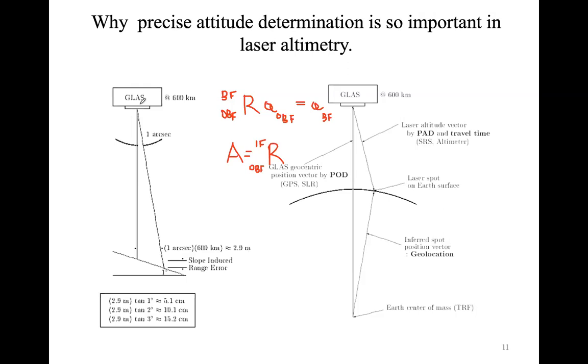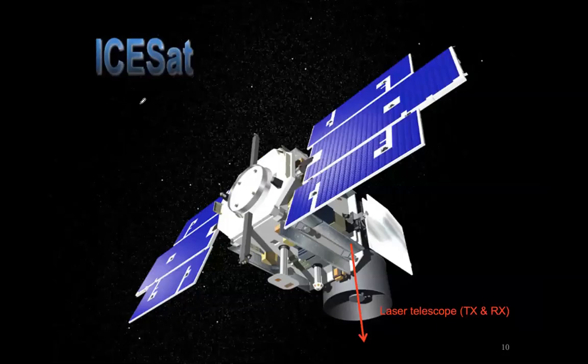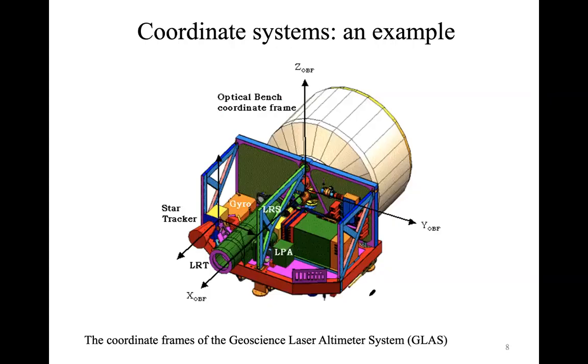Let's recap how the laser altimeter works. The laser altimeter is given by a laser transmitter that sends a signal to the planet, and by receiving the signal from the planet through the telescope, it is able to determine the time of flight, and so the relative distance between the spacecraft and the body surface. By measuring that, you are able to reconstruct the topography of the planet.